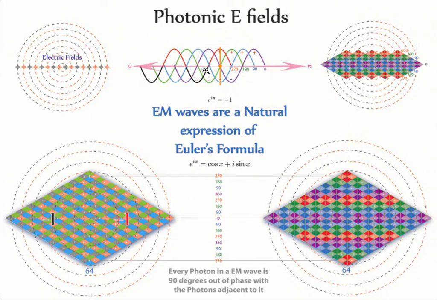Again, this is expressed in the sine waves via the quadrature waves for the electric fields, and they're a natural expression of Euler's formula.